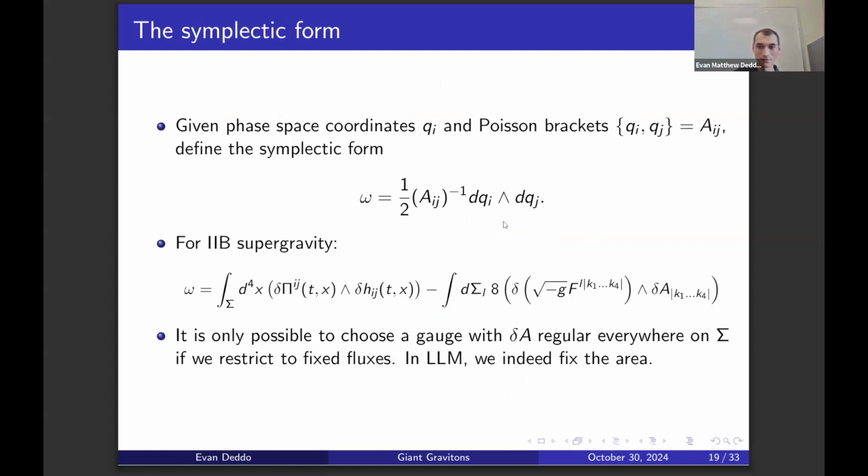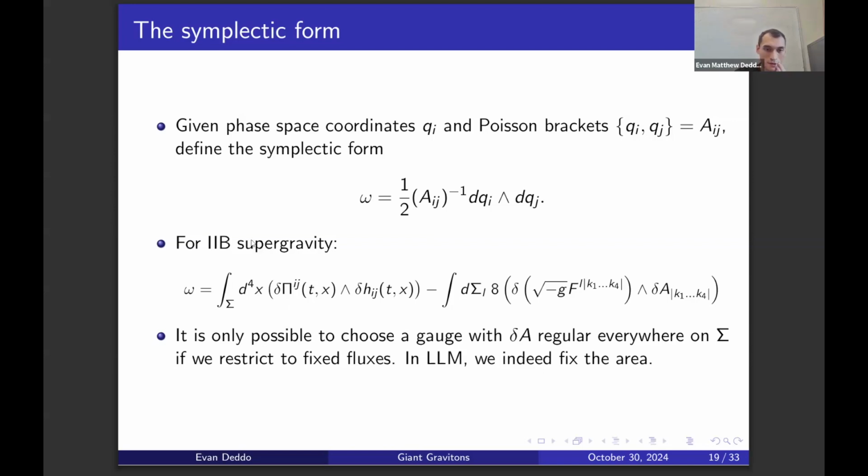And if we want to do the analogous thing for a field theory with continuous parameters, these q's are promoted to the fields, and the sum over indices is integration over space-time.